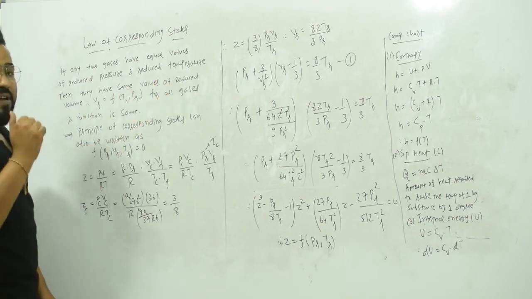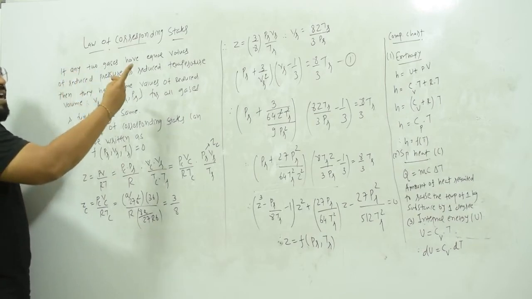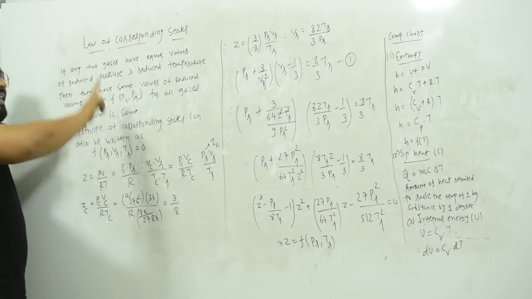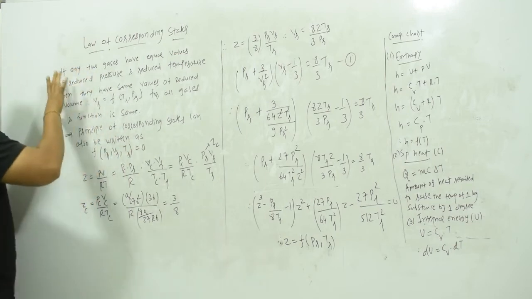That means they have the same value of Vr. So if Pr and Tr of two gases are the same, then the value of Vr is also going to be the same for both gases.